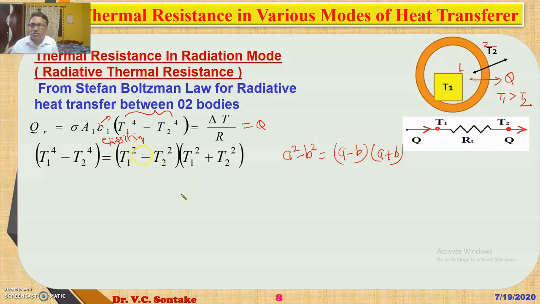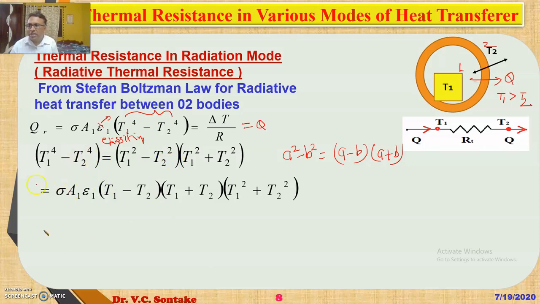Further, T1 square minus T2 square can be represented as T1 minus T2 into T1 plus T2. So after simplification, the heat transfer rate equation by radiation becomes sigma A1 epsilon 1 into T1 minus T2 into T1 plus T2 into T1 square plus T2 square.